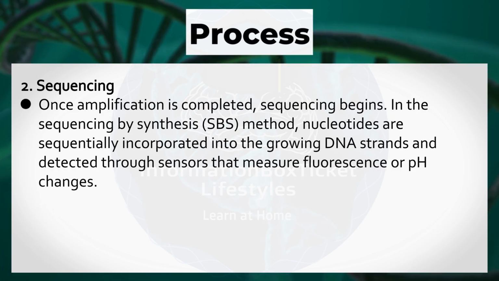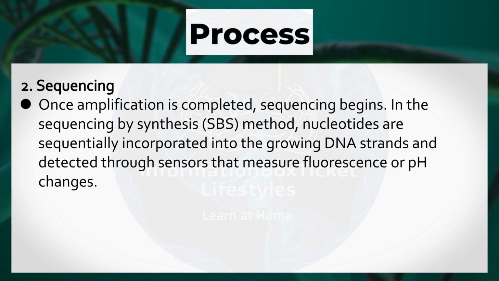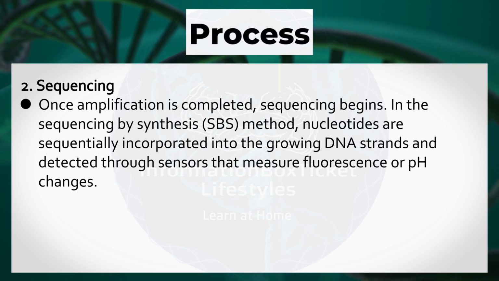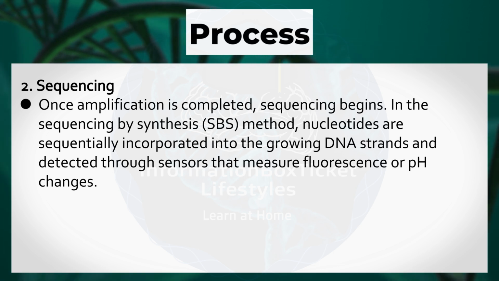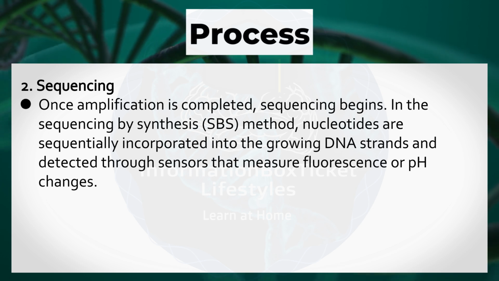Once amplification is completed, sequencing begins. In the sequencing by synthesis method, nucleotides are sequentially incorporated into the growing DNA strands and detected through sensors that measure fluorescence or pH changes.